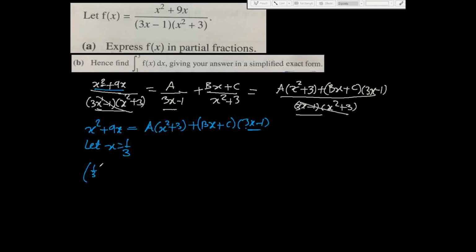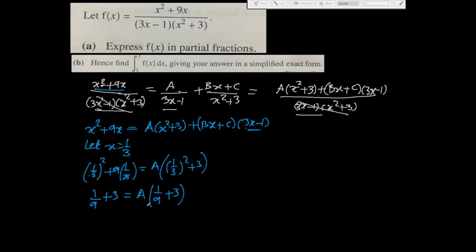So let's write (1 over 3) squared plus 9 times 1 over 3 equals A times ((1 over 3) squared plus 3). (1 over 3) squared is 1 over 9, and this 3 and this 9 cancel, so we'll have 1 over 9 plus 3 equals A times (1 over 9 plus 3).